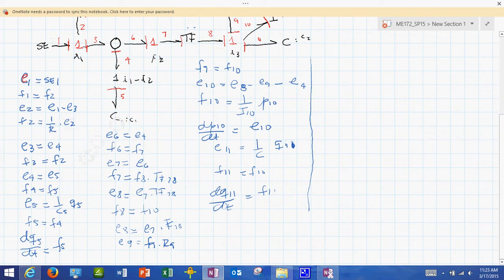Well, this can be used for simulation, it's fine. But you could simplify them a little, like dq5/dt is equal to F sub 5. Look where F5 is. This is equal to F sub 4. And what's F sub 4?